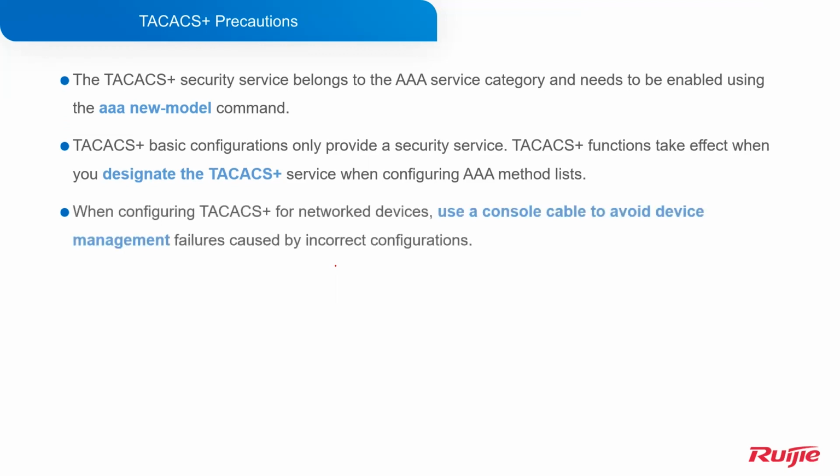And when configuring Tacacs+ for networked devices, use a console cable to avoid device management failures caused by incorrect configurations. For example, if you configure a number which is not the same as you remember, you cannot access the network.